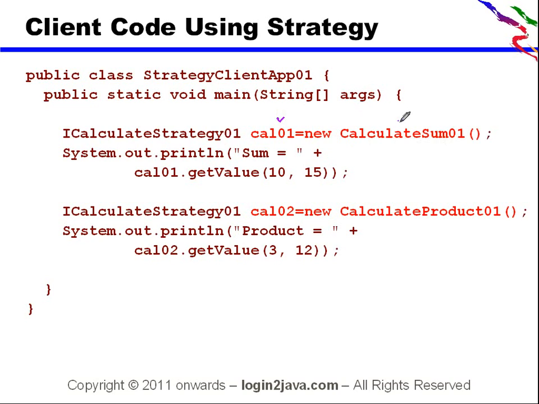So to calculate the sum, we are taking the concrete implementation of sum, and then cal01.getValue(10, 15). Then cal02 for the product, and this is the code to use the getValue of the product. I think this is easy to understand, how the strategy is implemented.